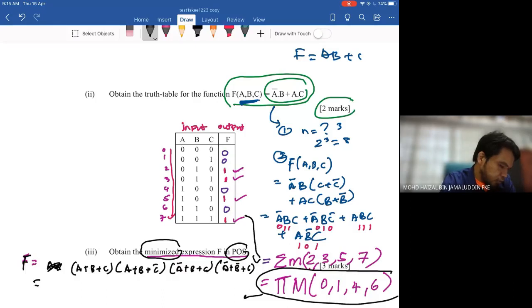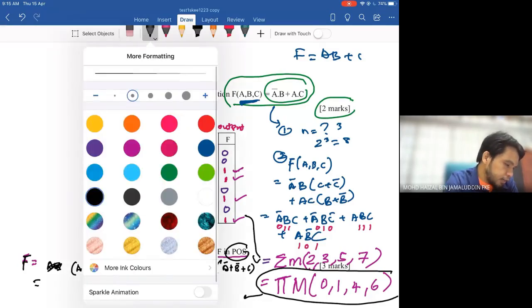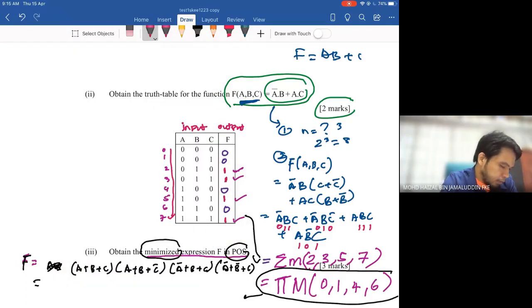Okay. The question is in a standard form, so you should make it in a minimized form. You can see here, A plus B plus C on these first terms.